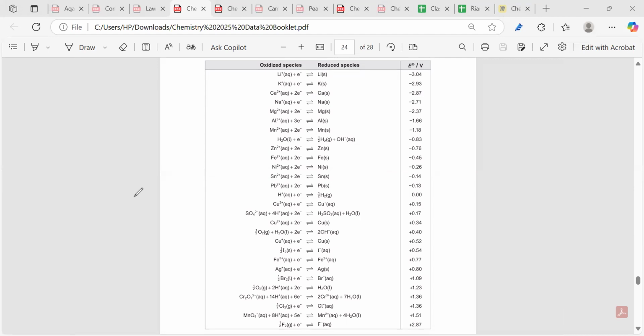Okay, so one sec. So which page? 19? Yeah, I have it open.